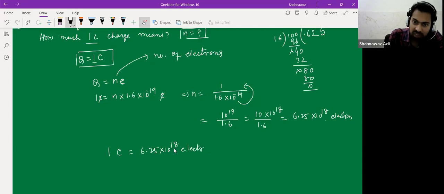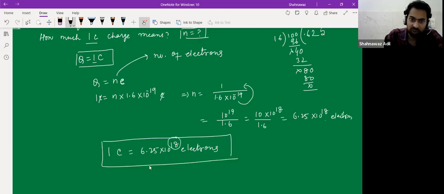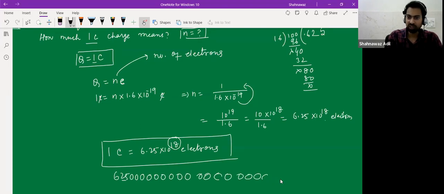So you can imagine how much bigger number this is. So 6.25 into 10 to the power 18, meaning 6, 2, 3, 4, 5, 6, 7, 8, 9, 10, and so on, up to 18. So I don't know how much is this number. So let's say up to 18 times, right?